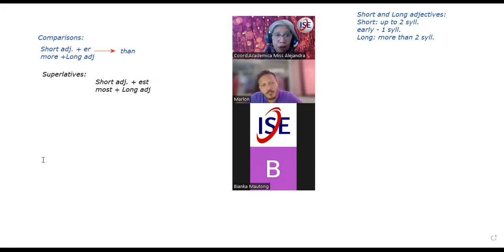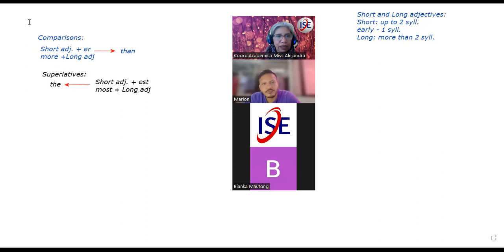And before both, we have the word the. The longest, the shortest, the fastest, the fattest, the slowest. Okay, the before the short or long adjectives.